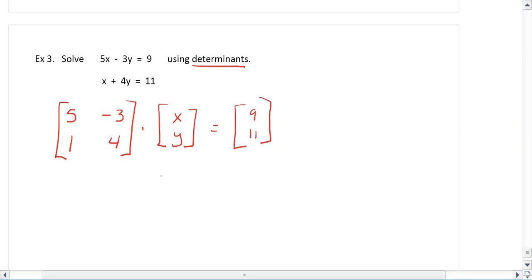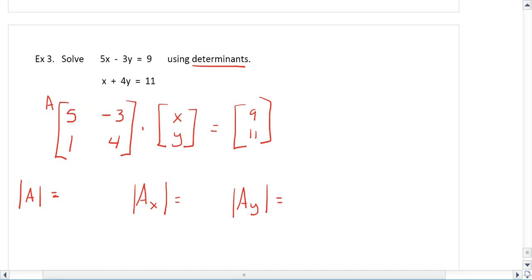So now we need three things to use Cramer's rule. We need the determinant of matrix A. This one right here is matrix A. So that's easy enough to find. Then we need to find the determinant of a matrix we haven't created yet, A sub x. And then we need to find the determinant of another matrix we need to create, A sub y.